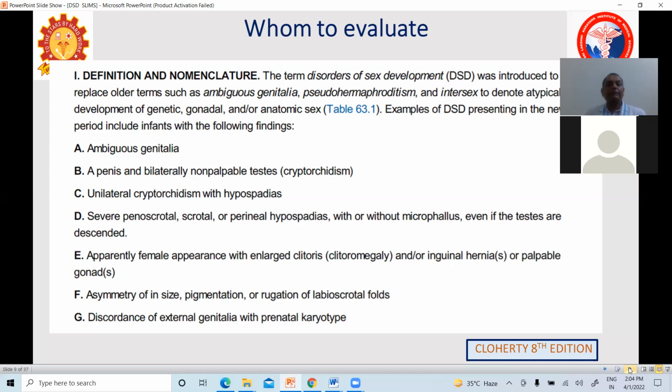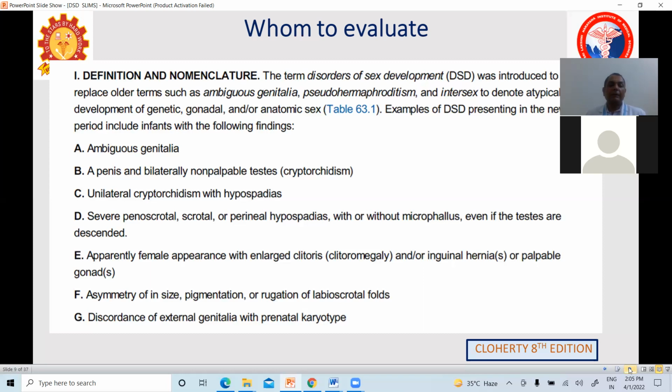In the same way, unilateral cryptorchidism with hypospadias falls into the category of DSD. Any severe degree of hypospadias like penoscrotal, scrotal, and perineal hypospadias, with or without microphallus, with undescended testis falls in the category of DSD.